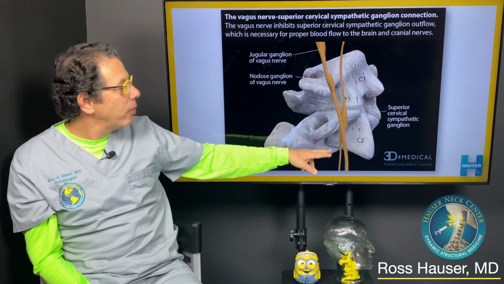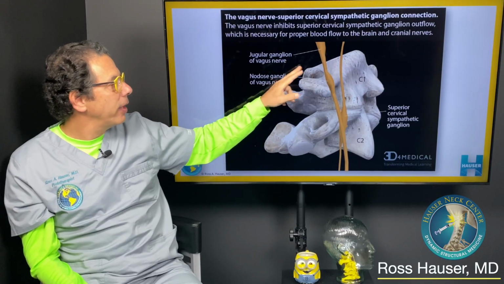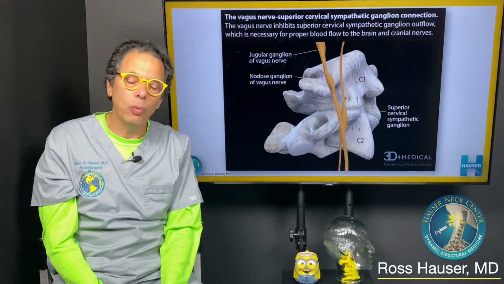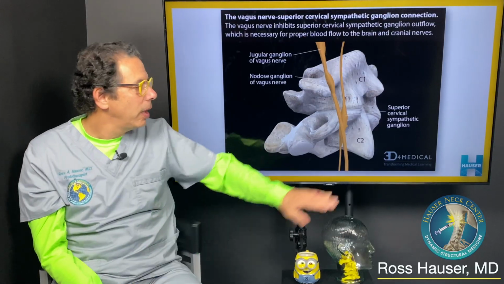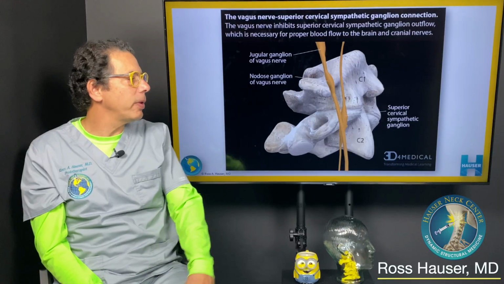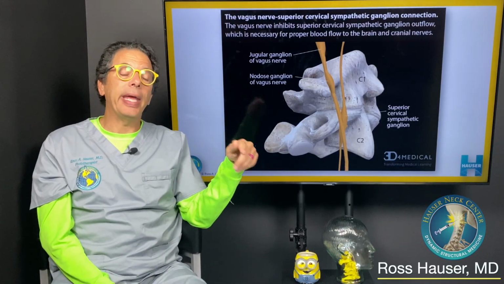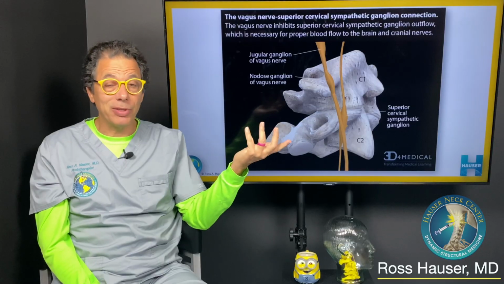And again, we have to remember the nodose ganglion of the vagus nerve and the jugular ganglion of the vagus nerve, they run right by C1. So thus, if somebody has a vagus nerve problem or a symptom that we think is from the superior cervical sympathetic ganglion, and remember the ganglion is where the DNA is, right? The genetic material.